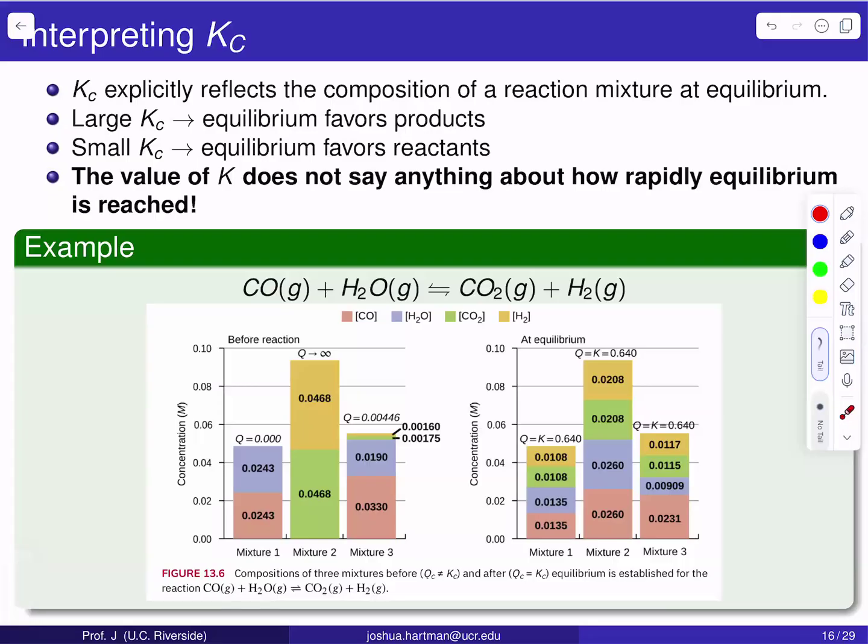And finally, I want to make an important note here: it doesn't matter how big or how small K is, how much products or reactants are favored. The value of K does not say anything about how rapidly equilibrium is achieved. Right? Some reactions could take millions of years to achieve equilibrium.